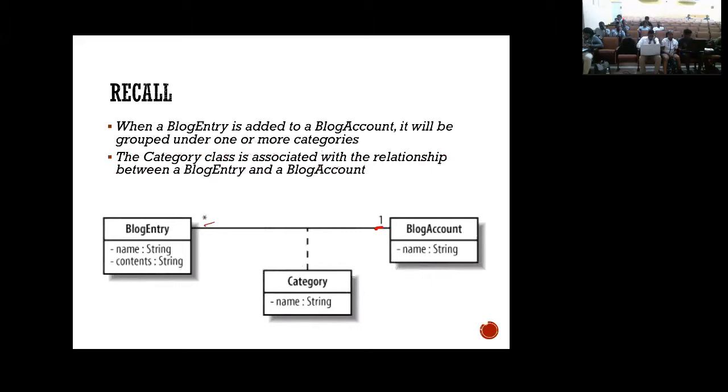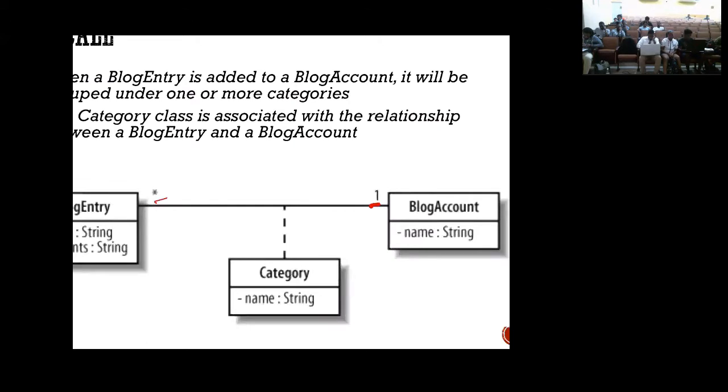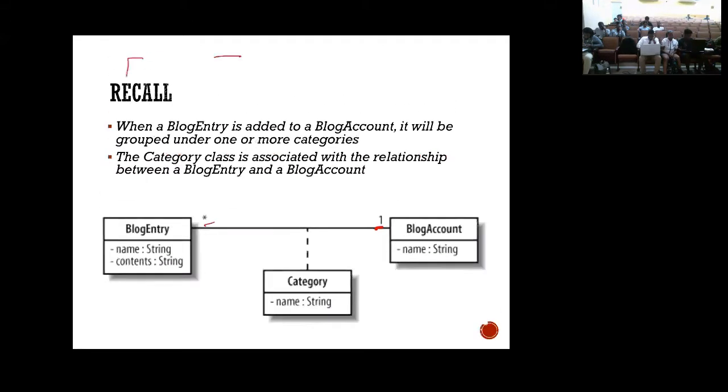It would mean that you can, in an object diagram, have D colon blog entry, D2 blog entry, and you can have this account of blog account type.